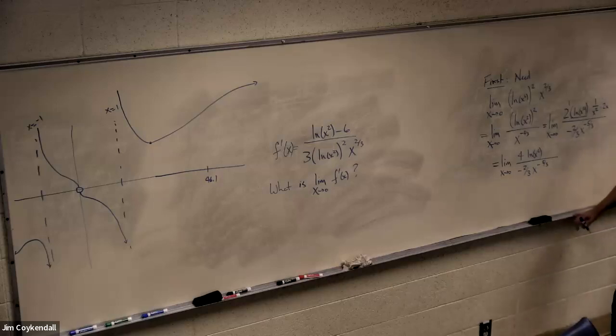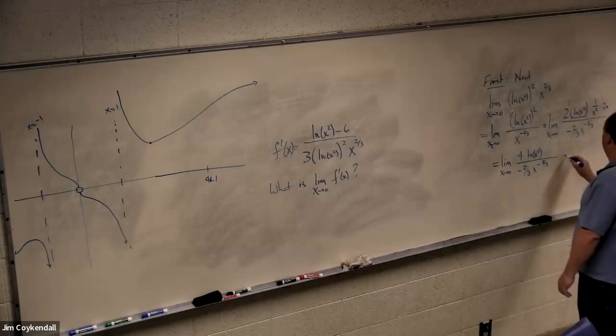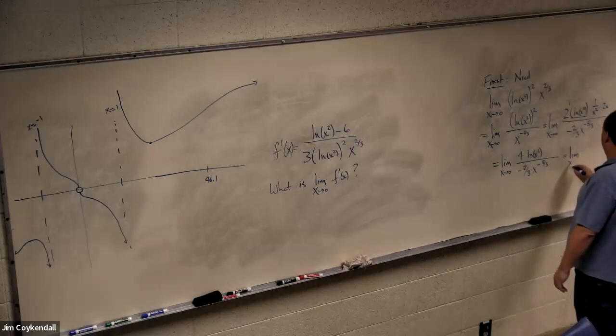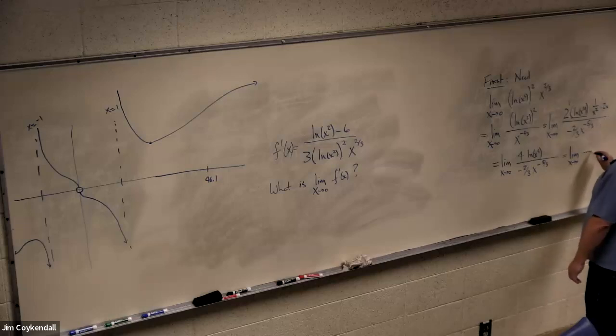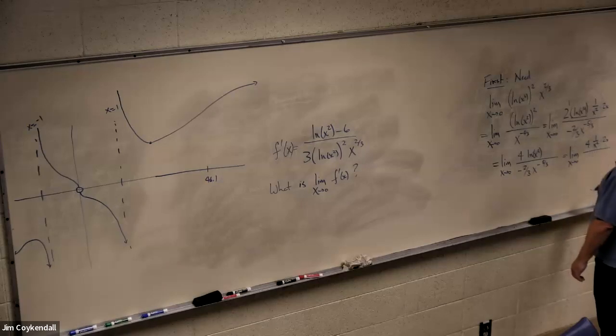Now, what do I get here? I get negative infinity over negative infinity plus, this becomes 4, 1 over x squared times 2x over 16/9 x minus 11.